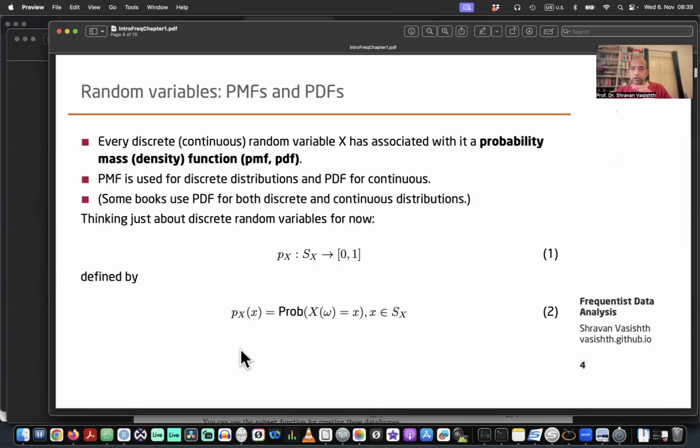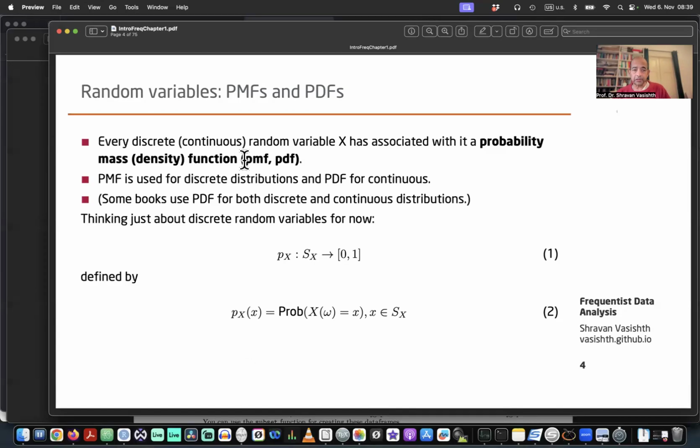So what's interesting about this whole formalism of random variable theory is that associated with every discrete random variable will be a probability mass function. And later on, I will introduce a continuous random variable, and there, associated with the continuous random variable will be a probability density function.